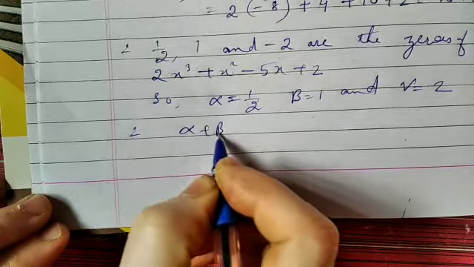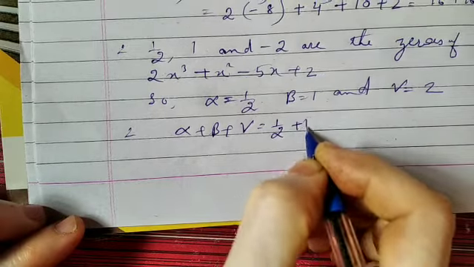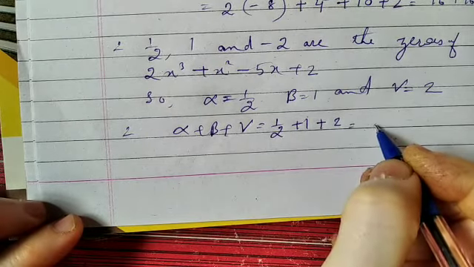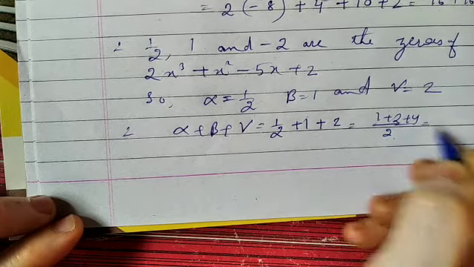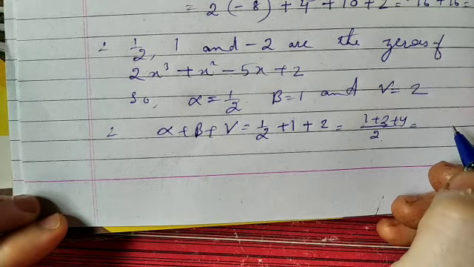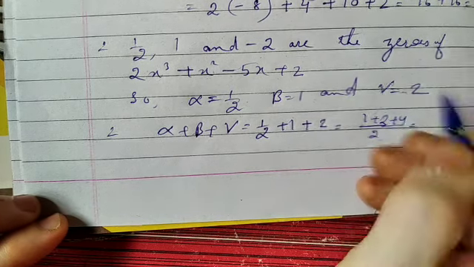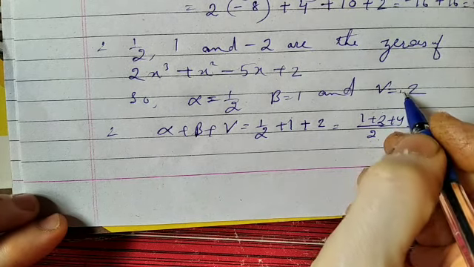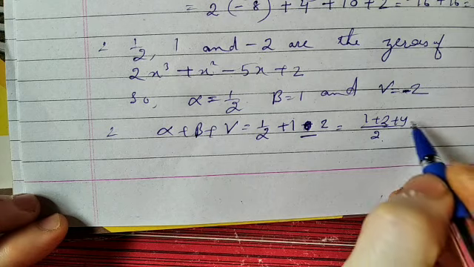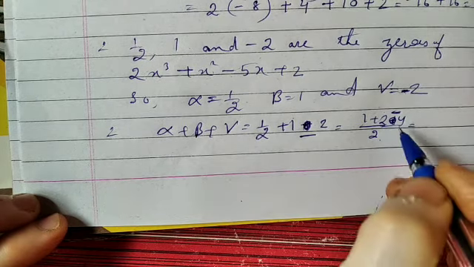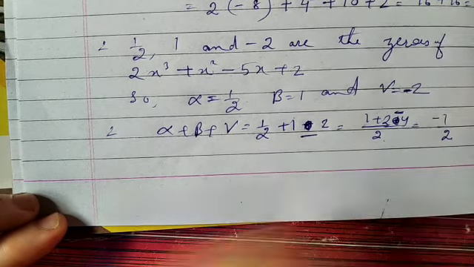Alpha plus beta plus gamma is equal to 1 by 2 plus 1 minus 2, that is 1 plus 2 minus 4 over 2. So 3 minus 4 is equal to -1, then it is equal to -1 by 2.